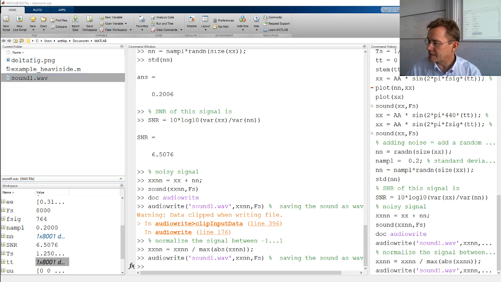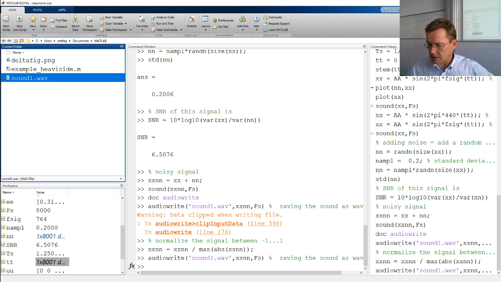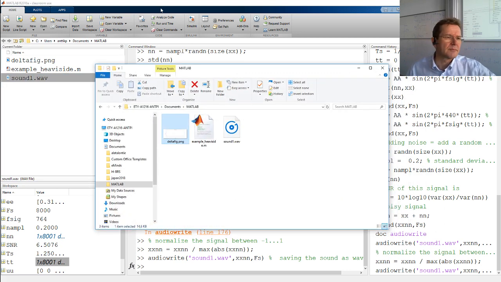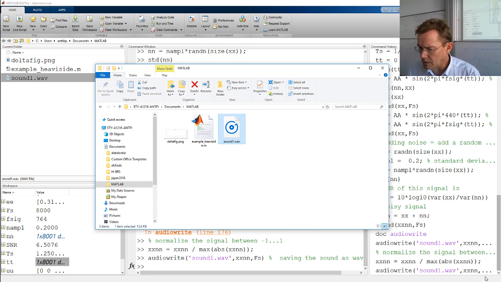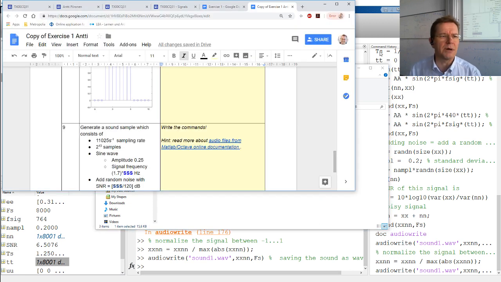Woohoo! I got it as a wave file on, let's see, in here. Okay. For some reason, you can actually do a link to your own computer, and no one is complaining about it.